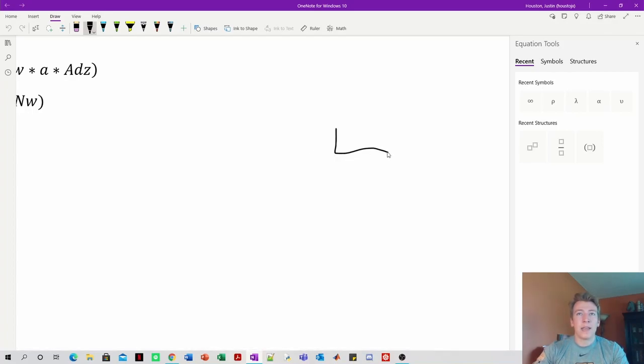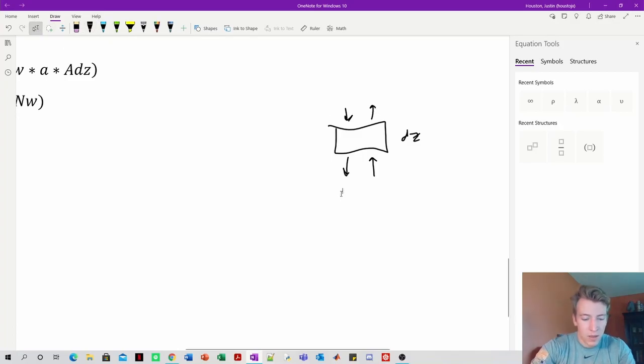So we have the packing, it's in that section with a distance of dz, change in distance, and you have obviously the flows coming in and out, which is going to be the enthalpy of the water coming in a downwards direction, and then on the right hand side you're going to have the enthalpy of the gas going in an upwards direction.